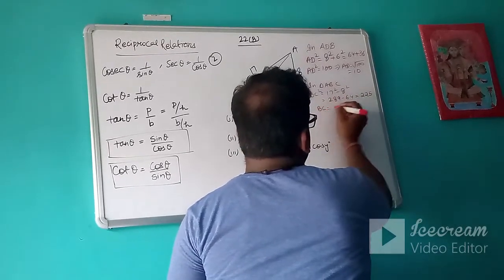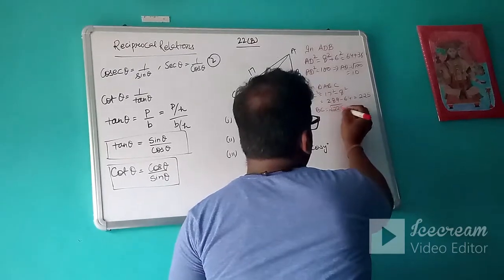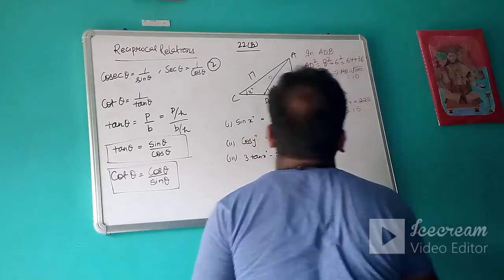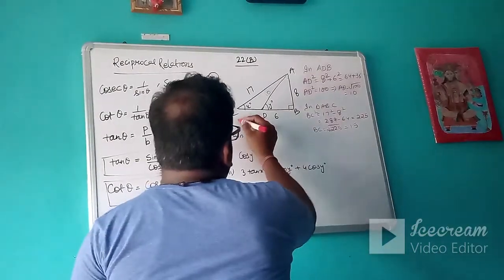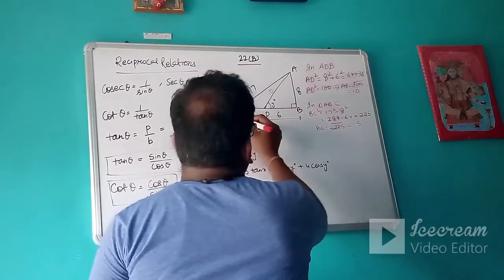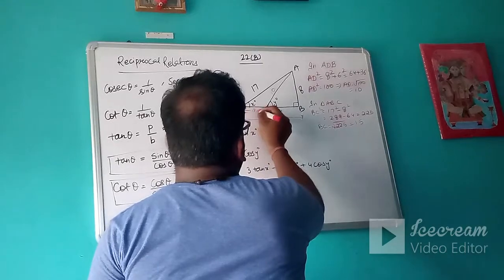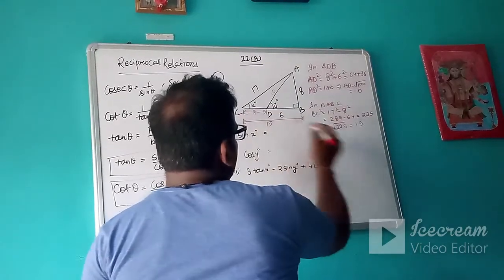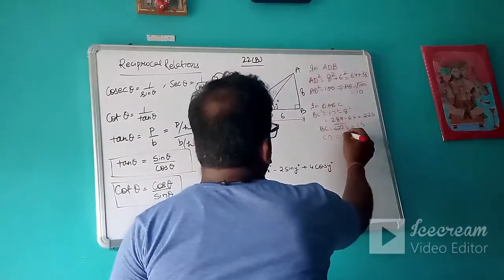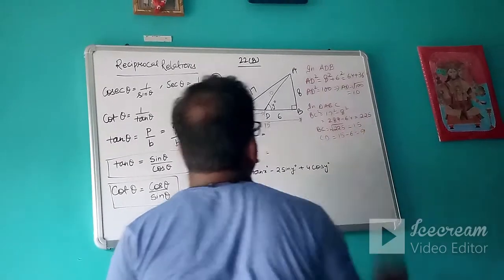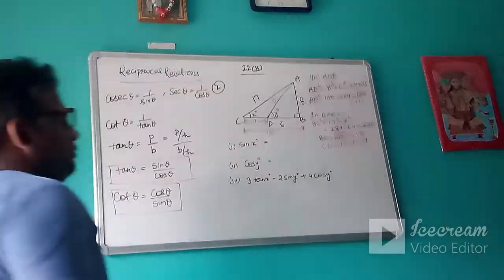So BC is square root of 225, that is 15. So from here to here the answer is 15. What is the value of this part? It will definitely be 9. You can calculate CD as 15 minus 6, that is 9. Now we have all the values which we want.